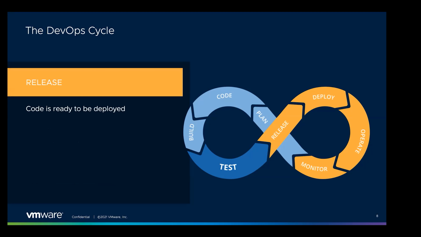Next on, we move into the release phase, and at this point, we should have a really high level of confidence in what it is that we're building. It should have gone through enough testing that we are reasonably comfortable to deploy this into production. And so the release phase basically might tag a new version that we are happy is ready to be deployed.